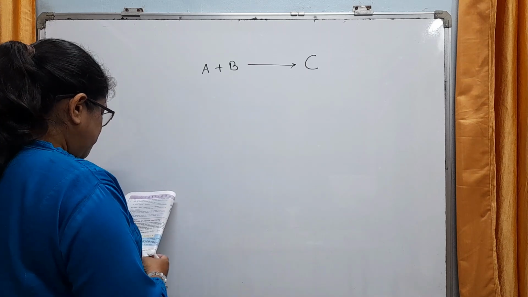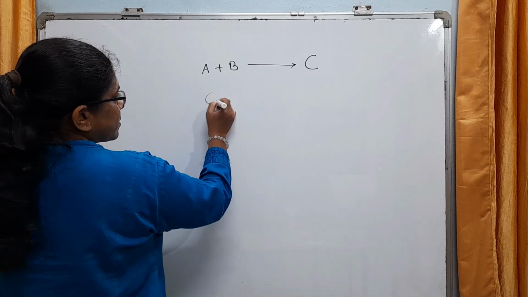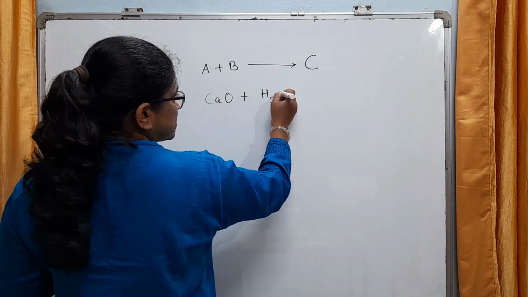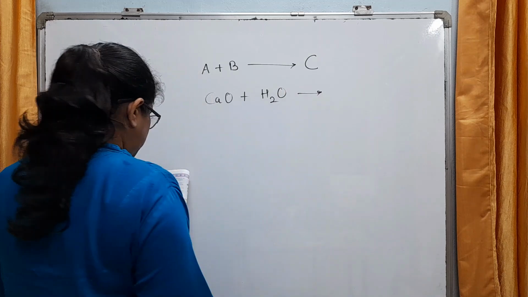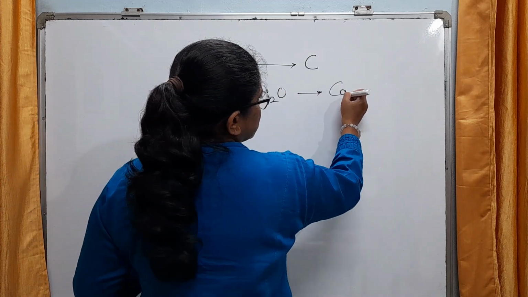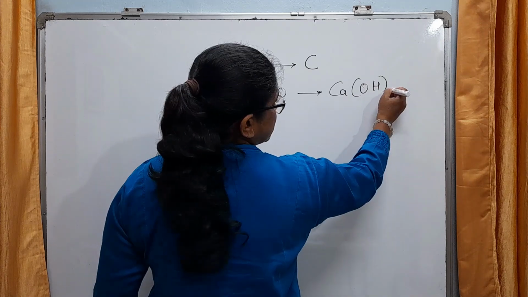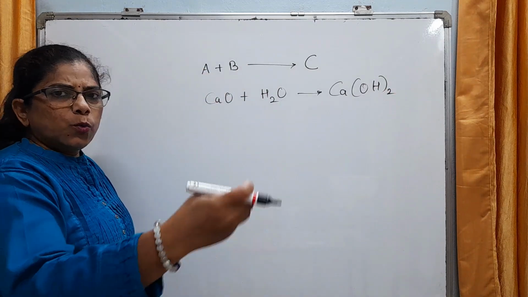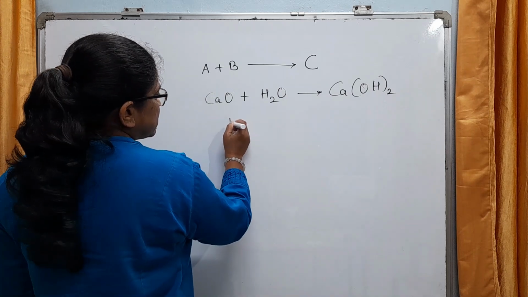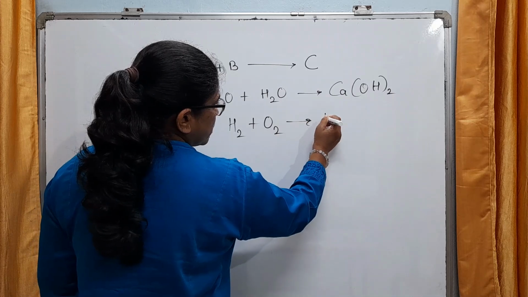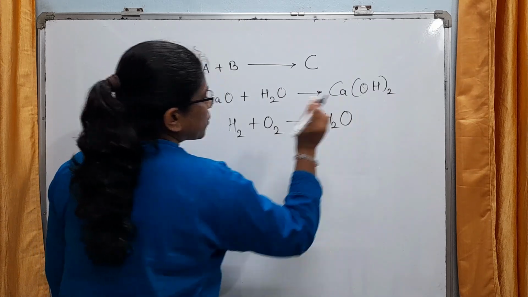Here, the example for a combination reaction is calcium oxide plus water gives us calcium hydroxide. One more simple example is H2 plus O2, it forms H2O.